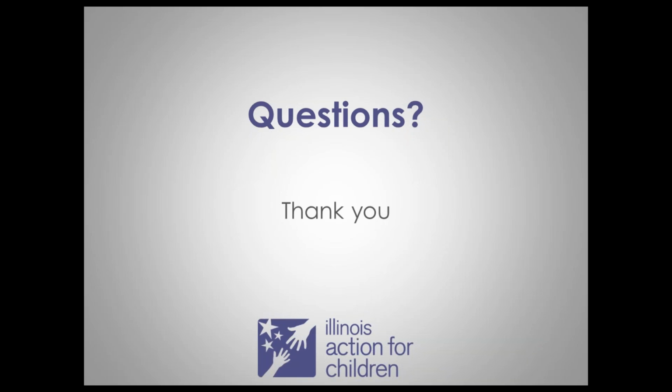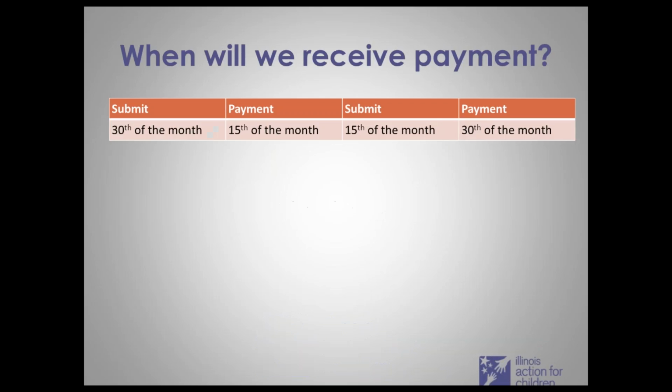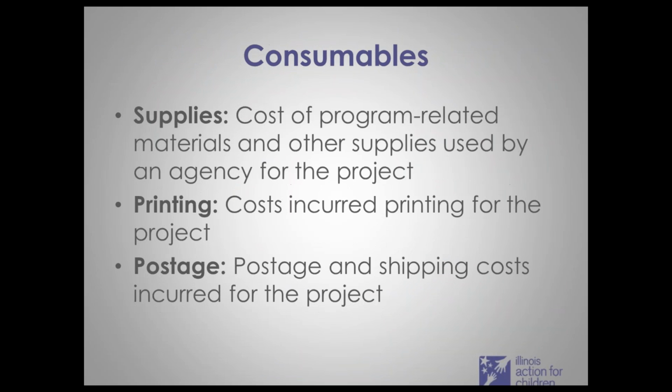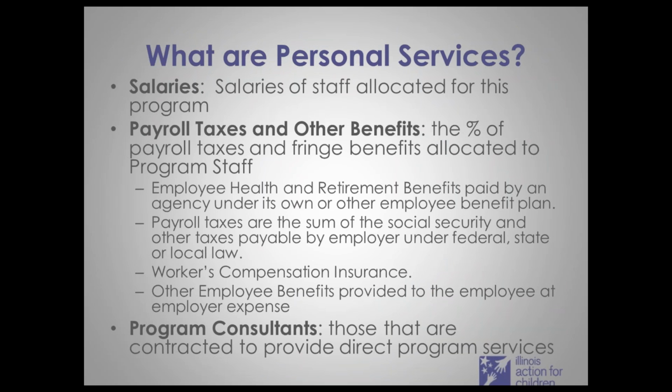Yeah, so SUI is included in there as well. So that's on the presentation. And that's right. This is the official definition, let's see: taxes, sum of Social Security and other taxes payable by employer under federal, state, or local law. So Social Security taxes.